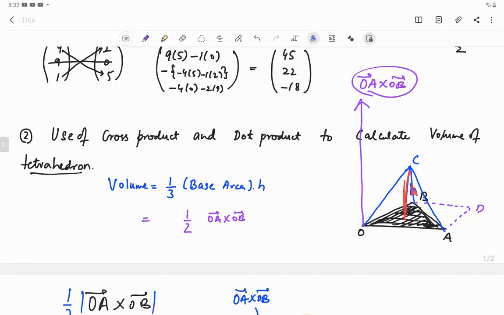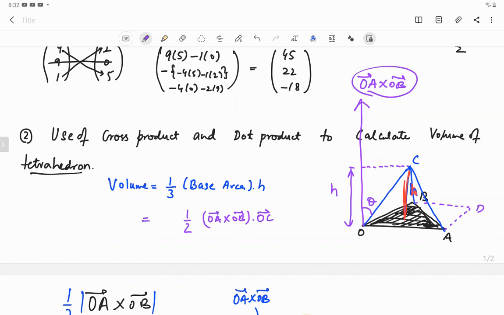Okay, but the height h is actually the component of OC parallel to OA cross OB. So if we calculate the dot product of OC with OA cross OB, we will multiply OA cross OB with this h.